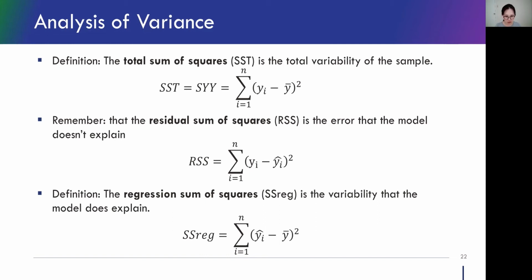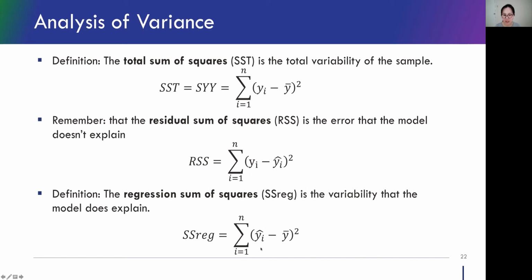A third terminology is called regression sum of squares. So it's another sum of squares. This is the fitted value yi hat minus the mean, so it measures how far the fitted value is from the mean. You take the square and take the sum, that's the regression sum of squares. That measures the variability that the model does explain.